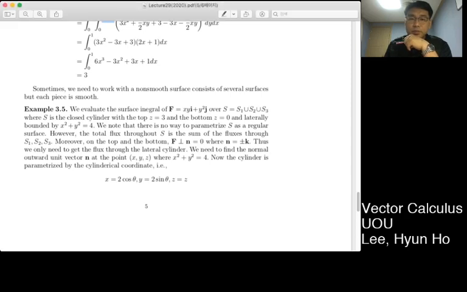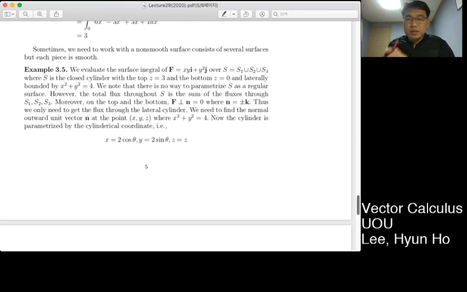So we just have this radius 2 cylinder, and we can parameterize using cylindrical coordinates: x equals 2 cosine theta, y equals 2 sine theta, and z equals z. So we only need two parameters, theta and z, right?